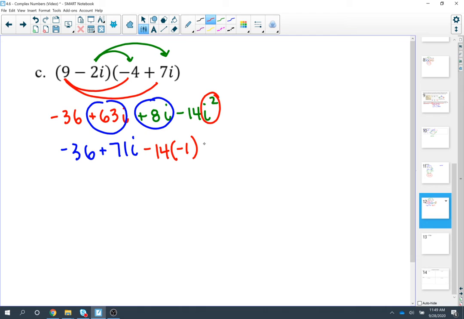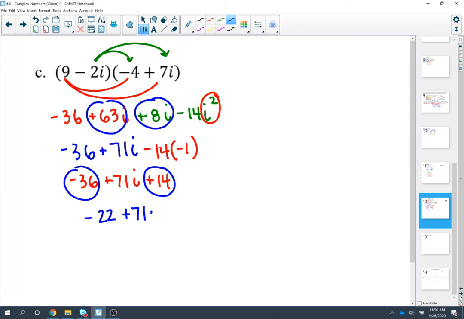If I clean up a little bit more, I still have a -36, I still have a plus 71i, but now the negative times the negative is a positive 14. Then I can take my -36 plus my 14, which is -22. Bring down plus 71i, and then check for standard form. Your real number is first. So there you go.